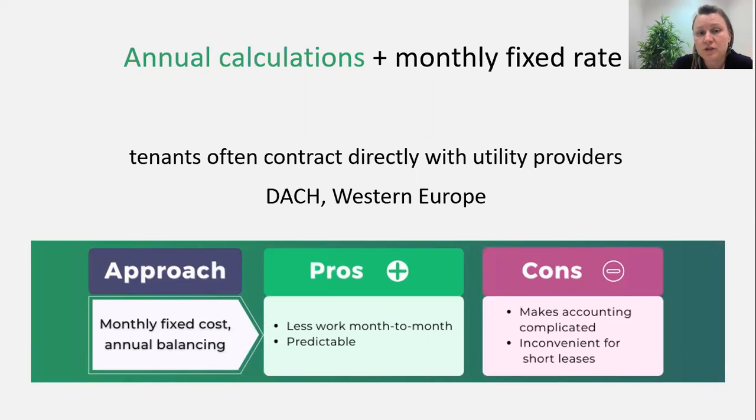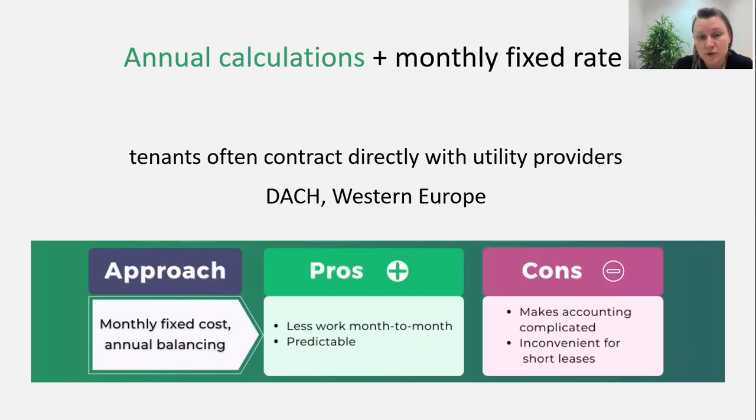We're also seeing it very often in situations where the tenant might actually be contracting with the utility providers directly for the individual consumption of utilities, and the landlord only has to manage the common area management costs, which are way more predictable.